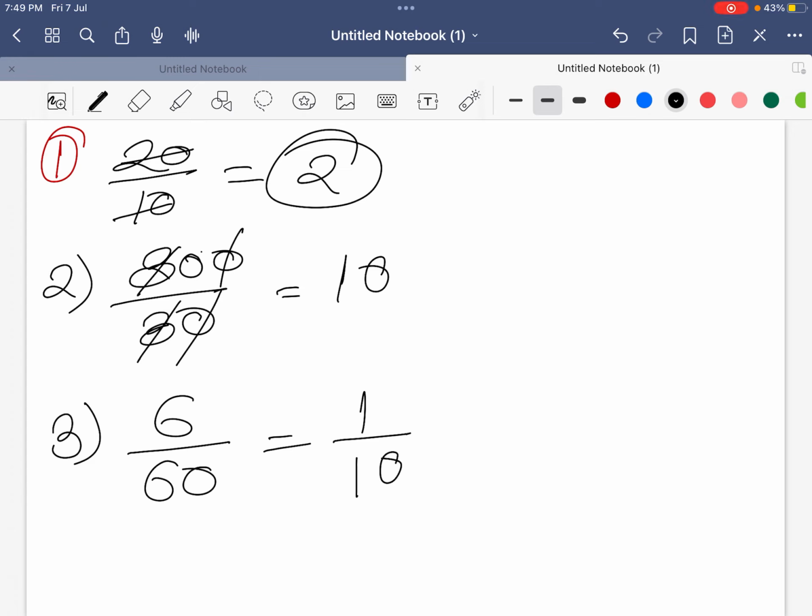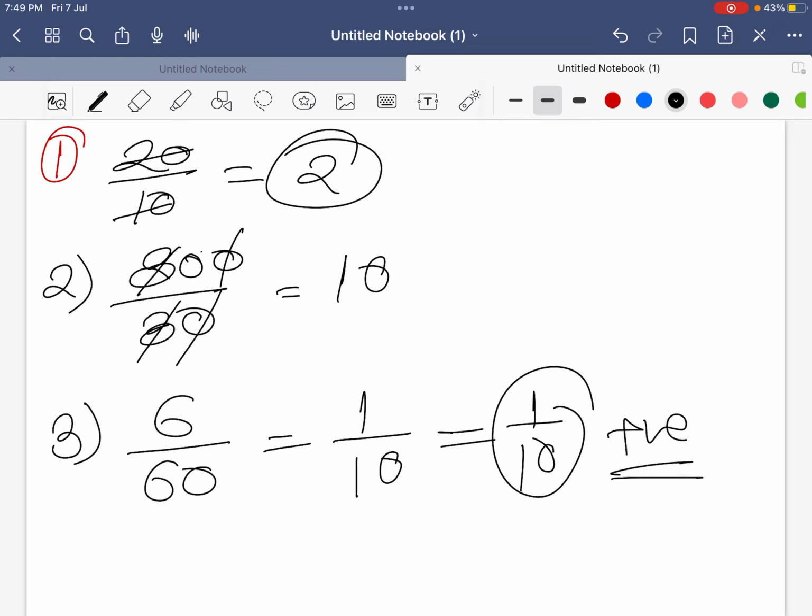In this case this term is positive, this is also positive, and your answer is also positive. So you will write your answer like this, 1 upon 10. So this is a positive number. Clear?